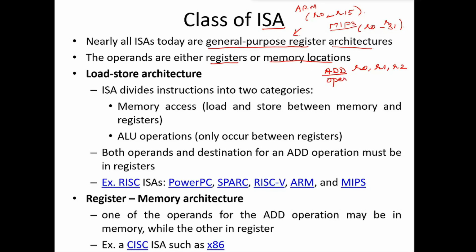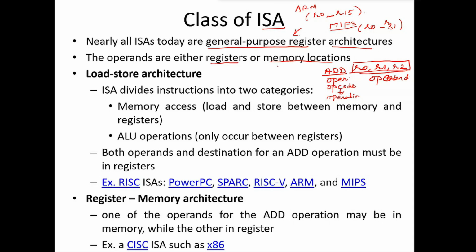This is the operation we are going to perform, and these are the operands. They call this the opcode. Opcode means operation code: what operation is it going to do? It is going to do addition, and these are all the operands. These operands may be a register or a memory location.